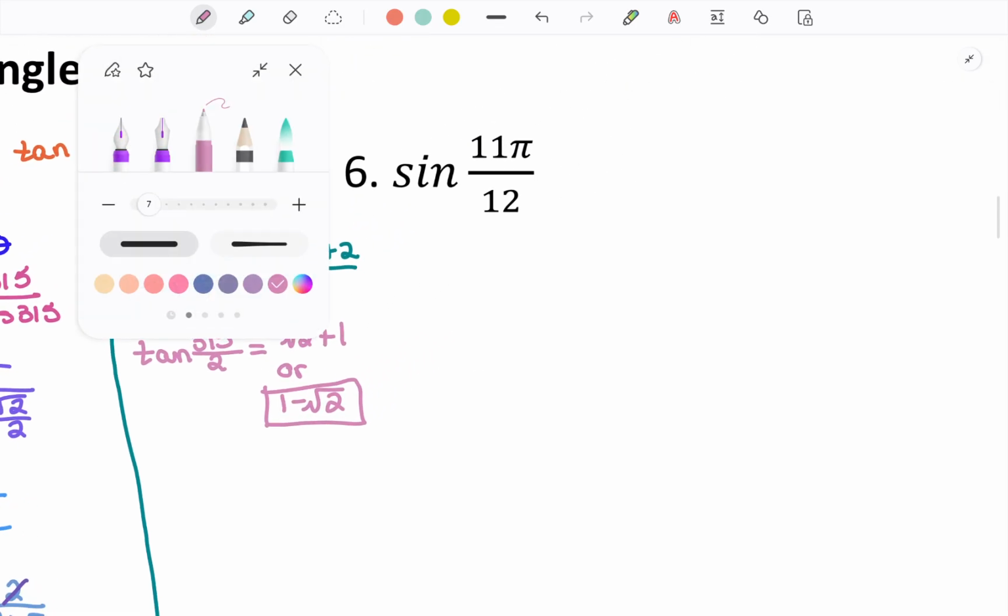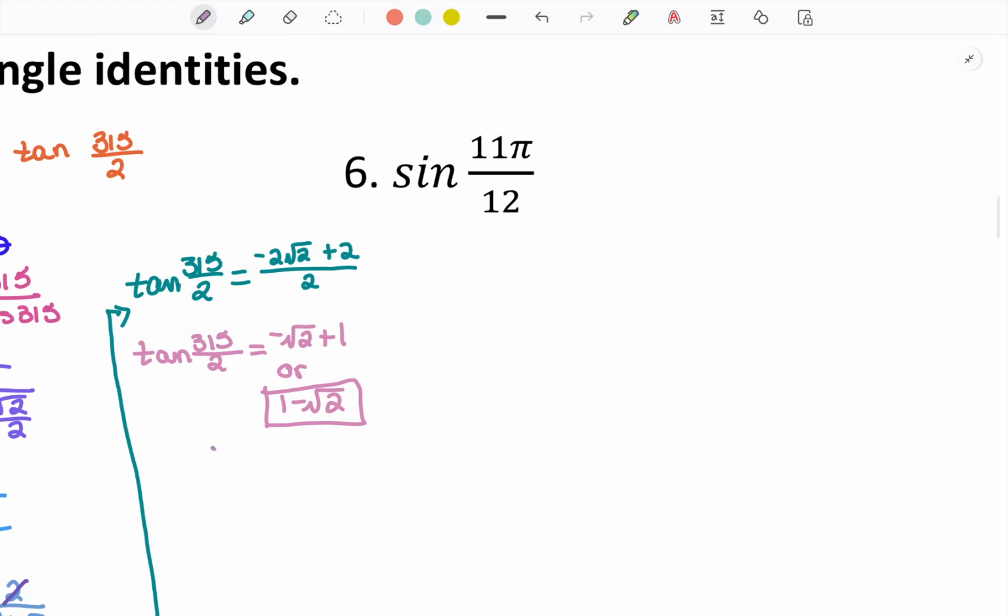All right, so let's go ahead and look at the sine of 11 pi over 12. So this is in radians.